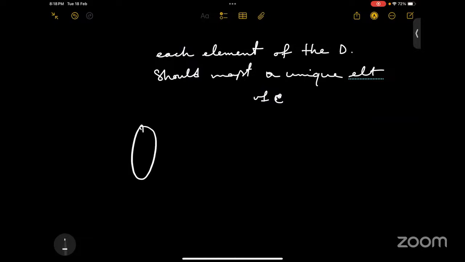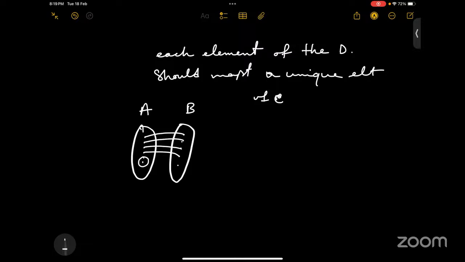That means if this is our domain and this is our codomain, suppose there are 5 points and there are some number of points, you have to map each input. Like each input you have to assign with some output. Okay. So if I assign this in this manner, is this a function? No, this is not a function because this one is left.